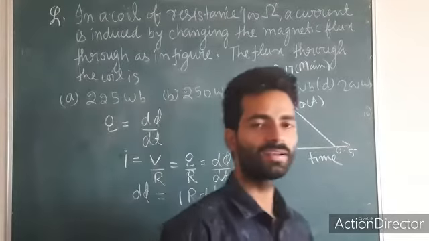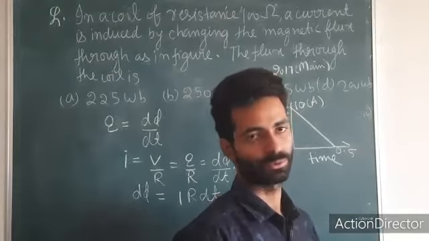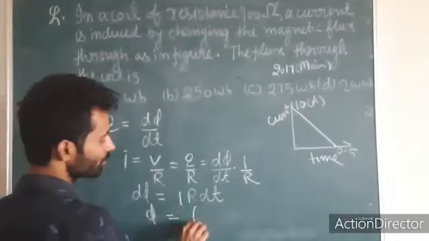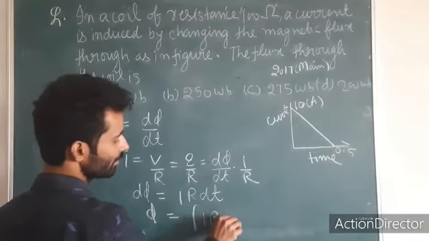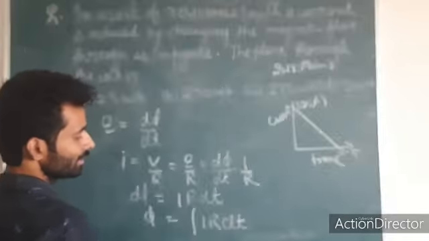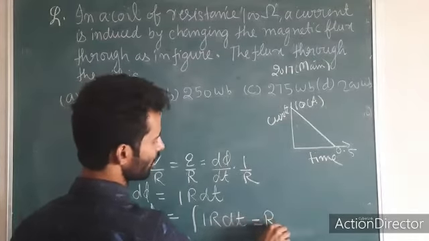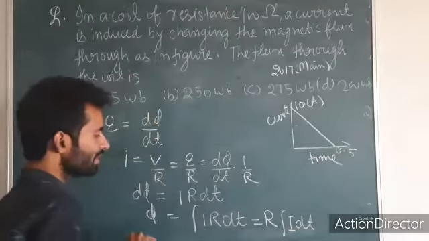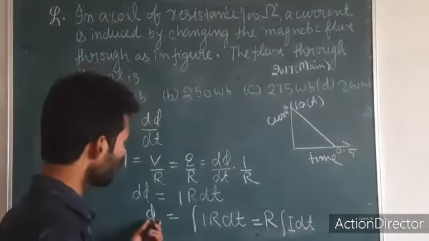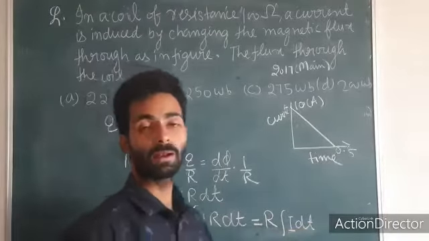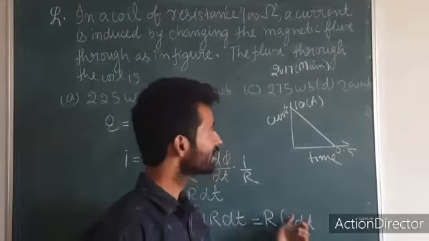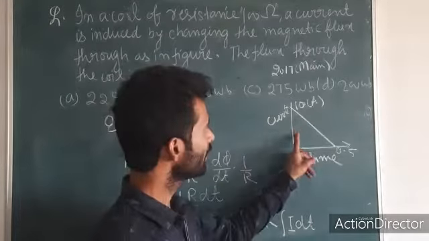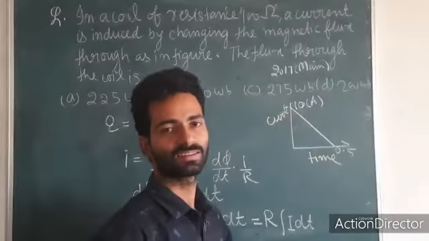So to find the net flux we have to integrate, and net flux phi must be equal to integration of IR dt. Here R is the constant and this is I dt. Means phi actually depends on the current multiplied by the time. So I dt, this flux will be equal to the area covered by the current and time axis.